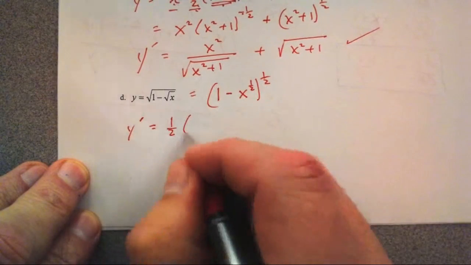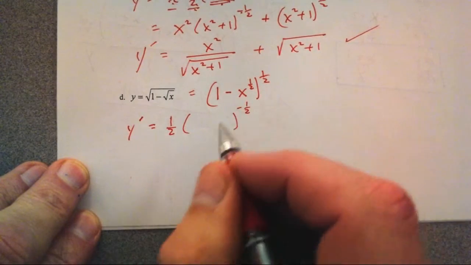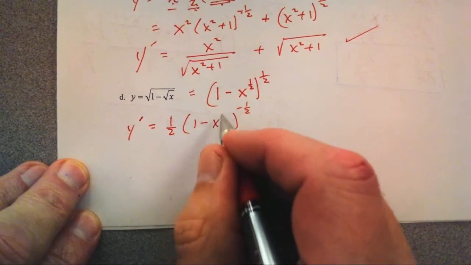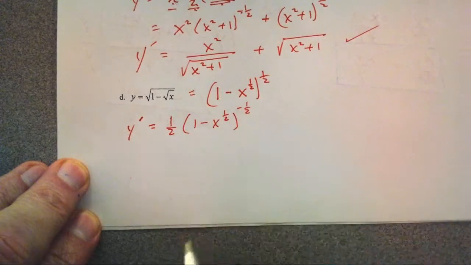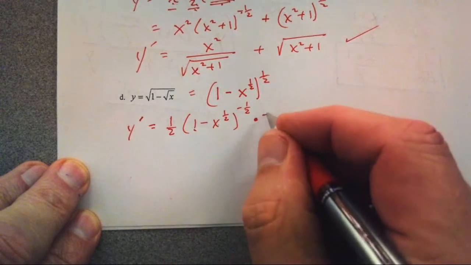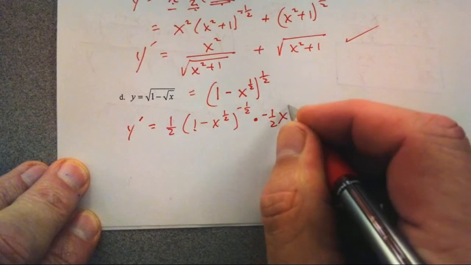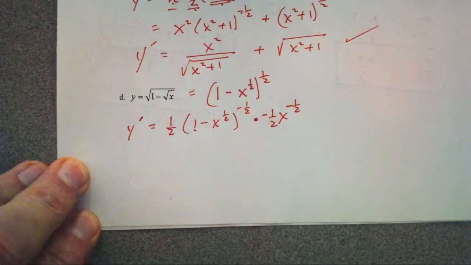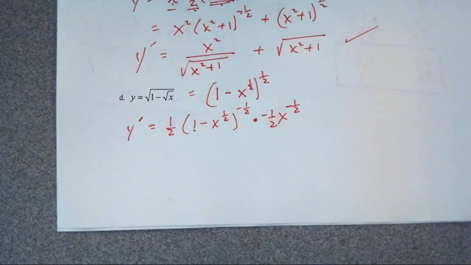So that's 1/2 something to the negative 1/2. Leave the baby function alone, treat the baby, times derivative of 1 minus x to the 1/2: derivative of 1 is 0, derivative of this is negative 1/2 x to the negative 1/2. Calculus done, a little bit of algebra ahead.